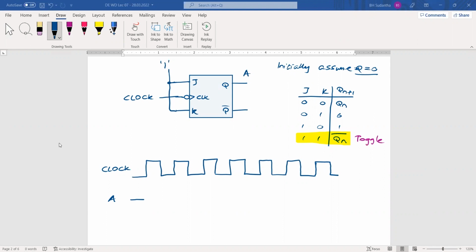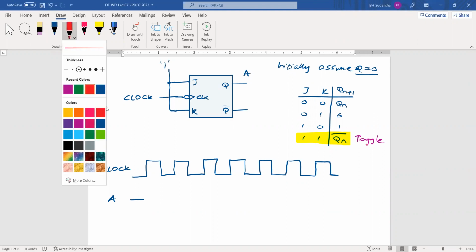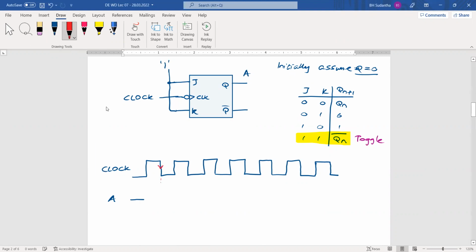It is falling edge triggered. So the falling edge of this pulse is responsible for triggering the flip-flop. At these falling edges, the flip-flop will be triggered.